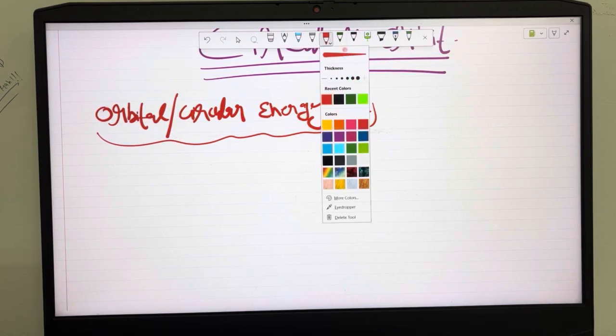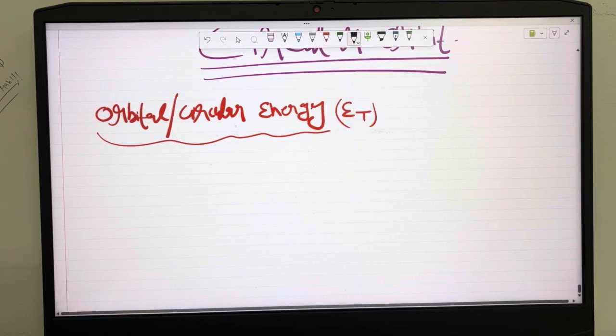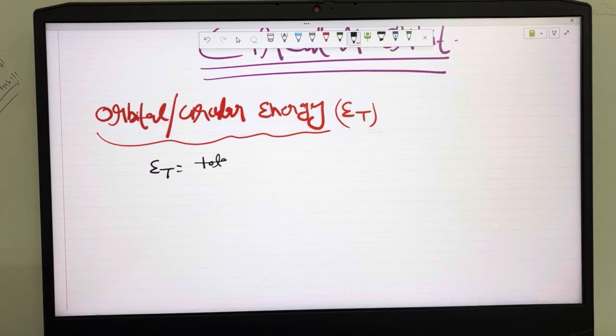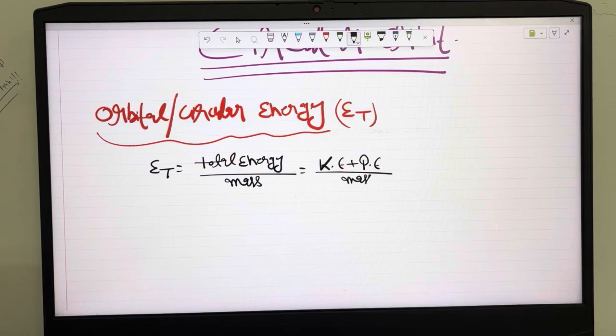ET is nothing but the total energy per unit mass. What is the total energy? It is kinetic energy plus potential energy, divided by the small mass m.